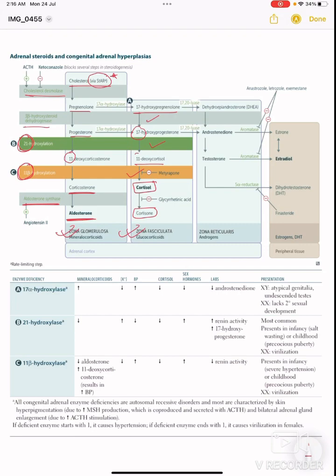But for the molecule pregnenolone to enter this particular area, or 17 hydroxyprogesterone to form, 17 alpha hydroxylase enzyme is required, right? So for forming cortisol, 17 alpha hydroxylase is important. Then after that there is DHEA, androstenedione and testosterone, and these occur by 17,20 lyase, right? So these things are not important.